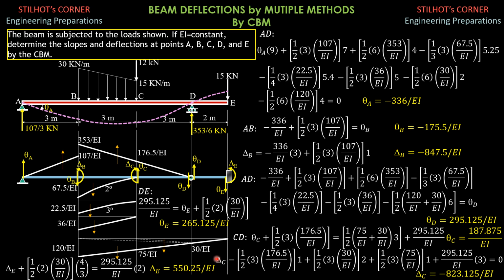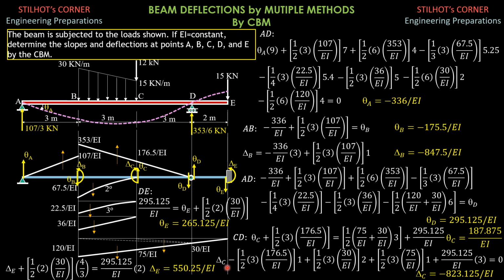Then for delta C, summation of moments about C equals 0, considering CD. So delta C, which is clockwise about C, minus, let's split the area of the trapezoid into two parts, a triangle and another triangle, 1/2 of 3 times 176.5 over EI times 1, the moment arm, then plus for this small triangle 1/2 of 3 times 30 over EI times 2, then plus this bigger triangle 1/2 of 3 times 75 over EI times 1, then plus theta D, 295.125 over EI, times 3 equals 0.